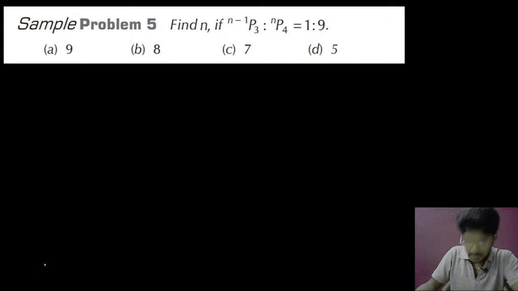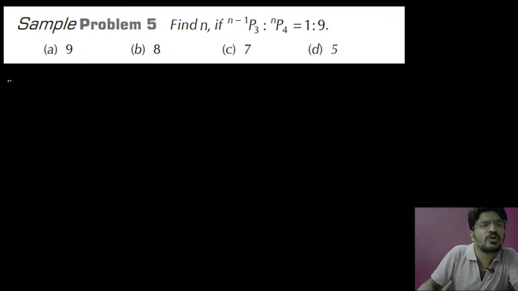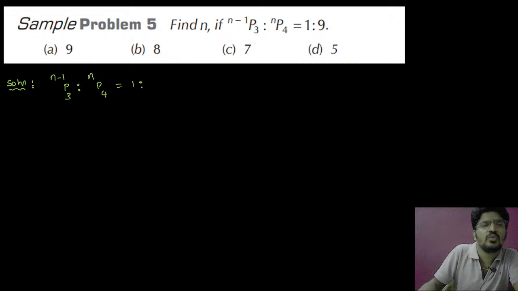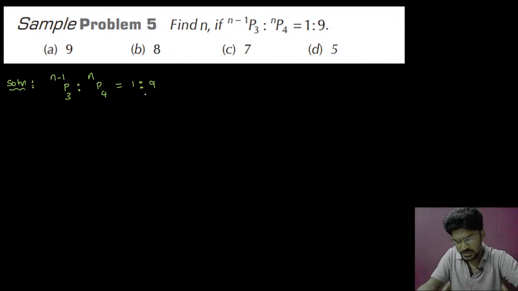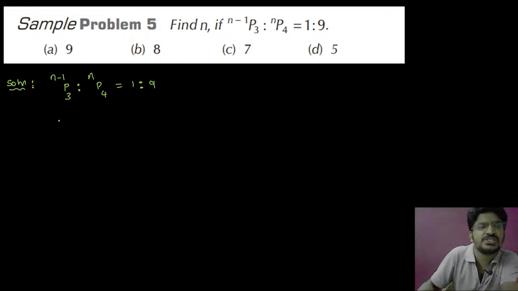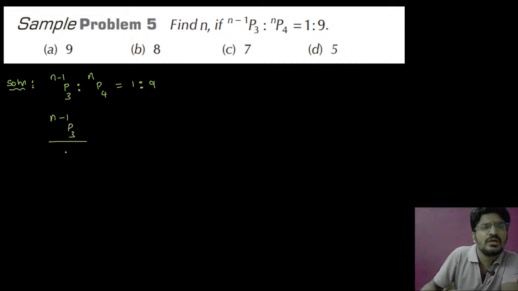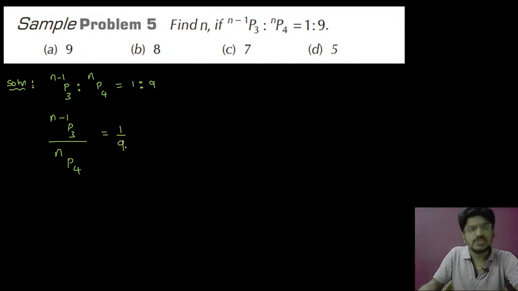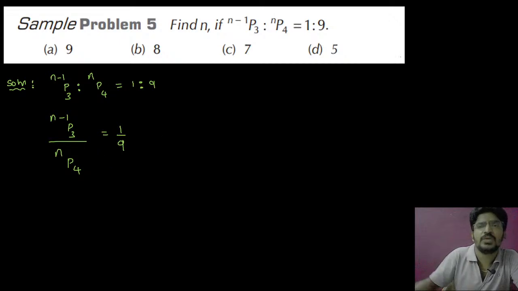You just see in the fifth problem what they have given. They have given that n minus 1 p3 is to n p4 is equal to 1:9. So here we can write it as n minus 1 p3 divided by n p4 is equal to 1/9. From this you can use the nPr formula.